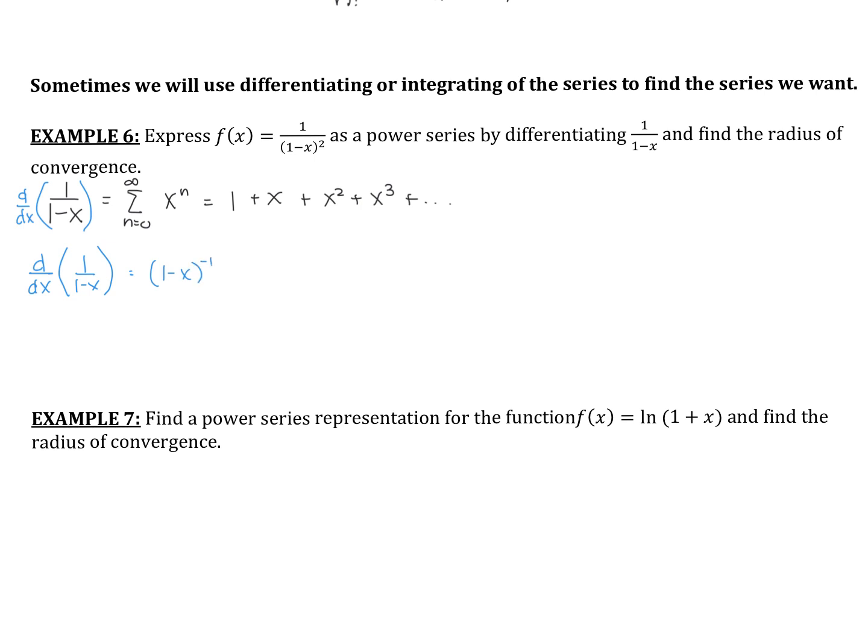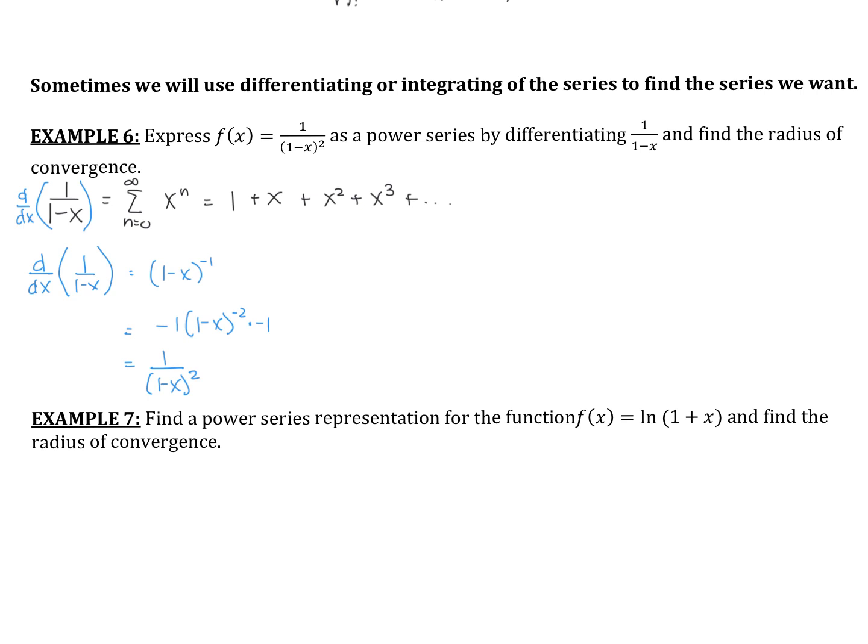If we take this derivative, we would get negative 1 times 1 minus x to the negative 2, but I would need to multiply by the chain rule. Multiplying by the chain would give me positive 1 over 1 minus x to the positive 2. Sorry, it wouldn't be negative 2, it'd be positive 2. Do you agree that the derivative of 1 over 1 minus x is actually 1 over 1 minus x squared? Well, great. That's why they told me to differentiate this, because I can write a power series this way.